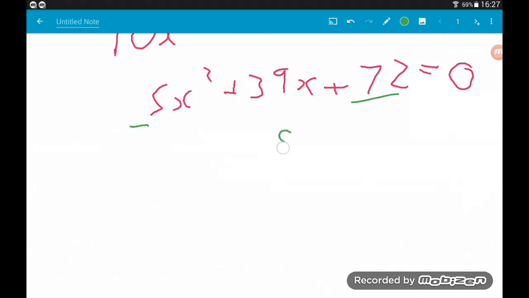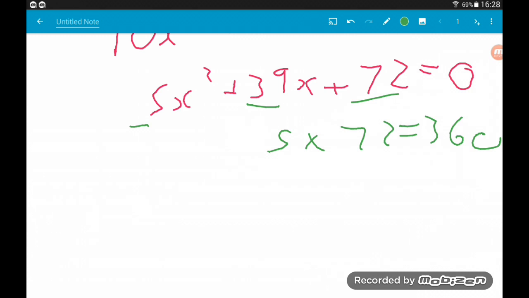So here, 5 times 72 is 360. Now what we need is 2 numbers that multiply together to give us 360 and add together to give us the coefficient of x in the middle.